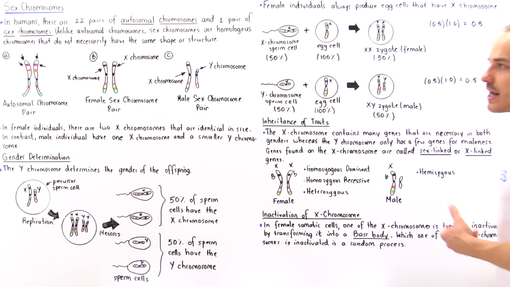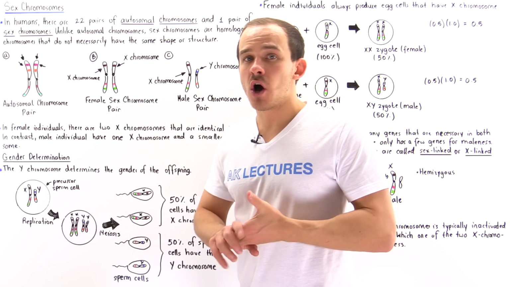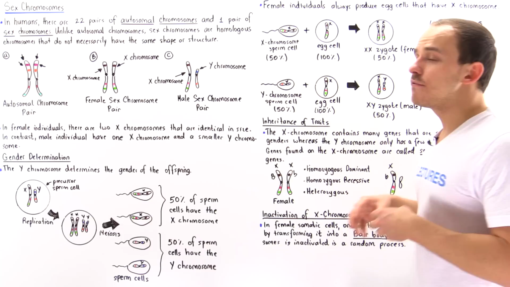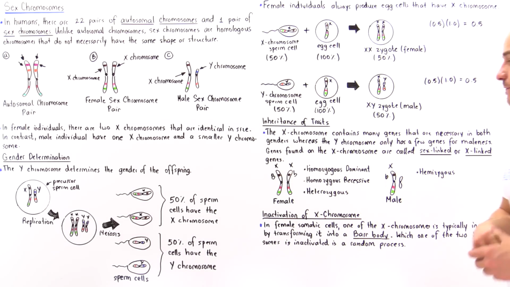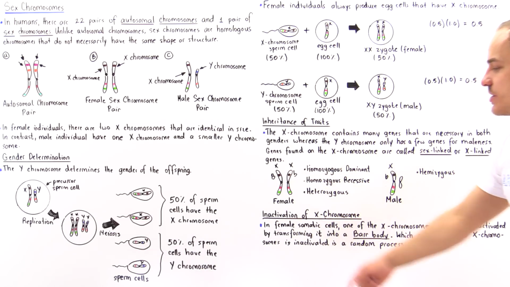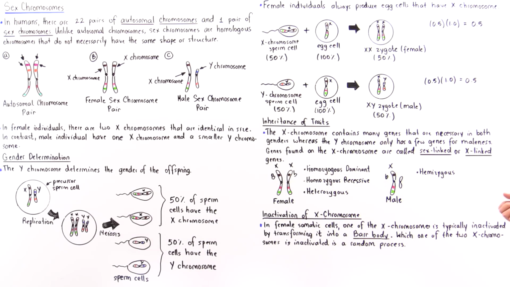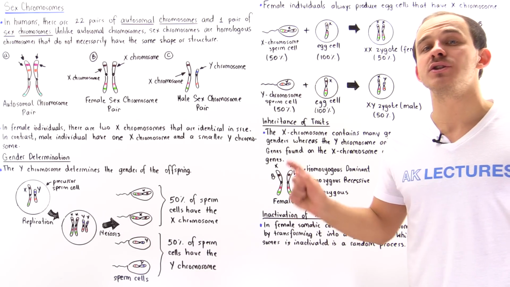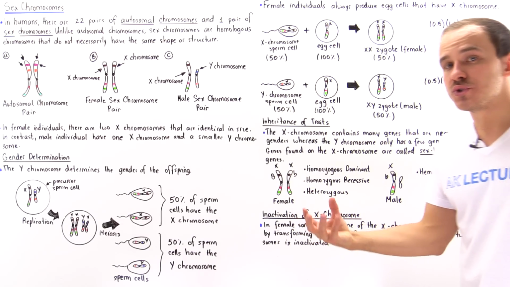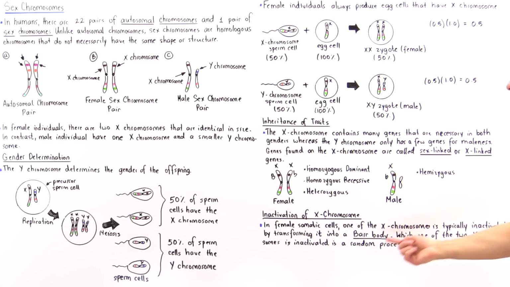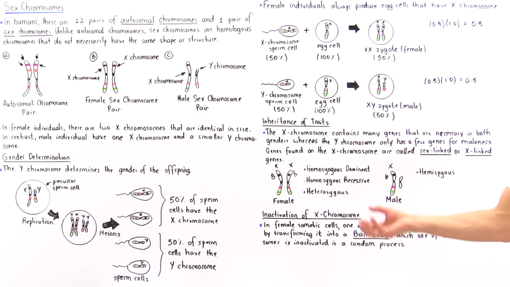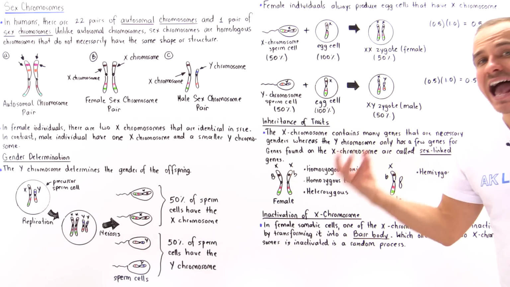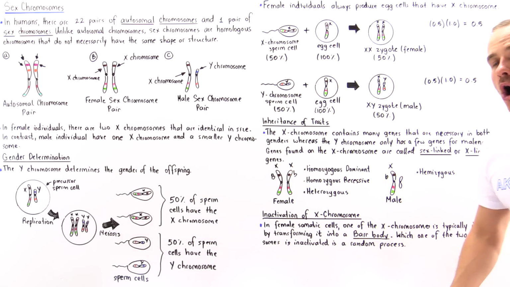Now, the last thing that I'd like to briefly talk about is the inactivation of the X chromosome in female individuals. So it turns out that in female somatic cells, one of the X chromosomes is actually inactivated, and we produce this structure known as the bar body. So in female somatic cells, one of the X chromosomes is typically inactivated by transforming that active X chromosome into an inactive X chromosome we call the bar body.